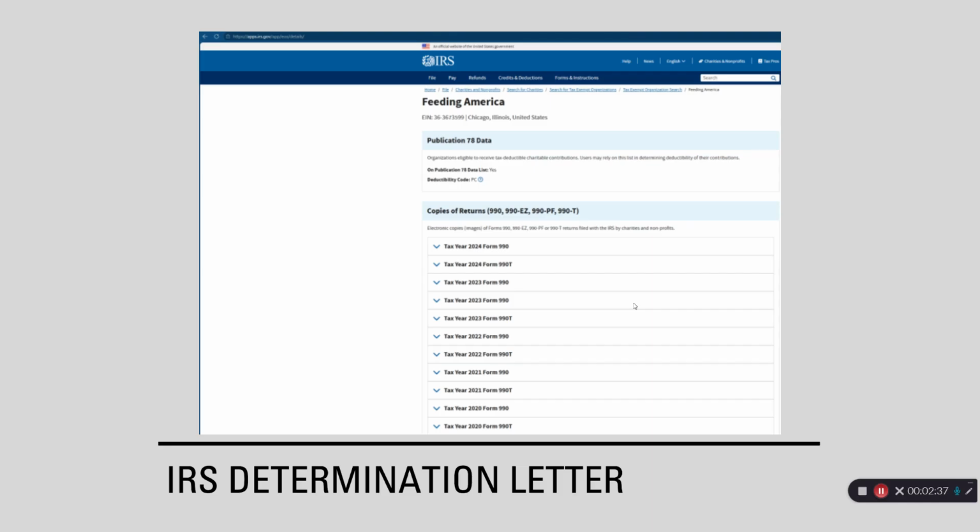Next, we're going to be looking at the determination letter, and this recognizes Feeding America as a tax-exempt 501c3 organization by the IRS. This can be verified through the IRS Tax Exempt Organization search.